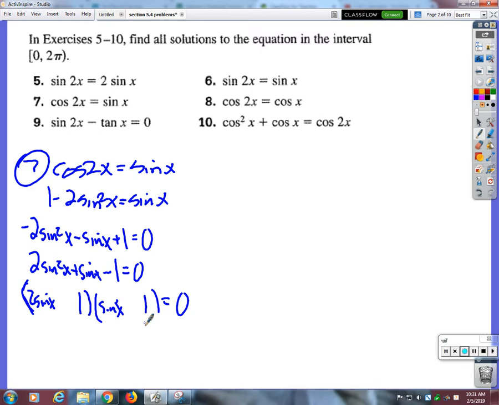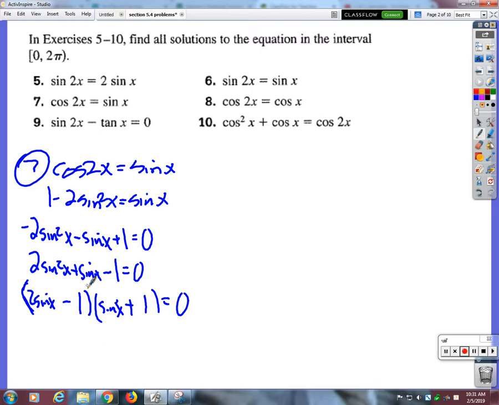So the only thing I have to figure out now is what the signs of the 1's are. Plus, minus, or minus, plus? Minus, plus. And the reason it's minus plus is because if I go 2 sine x times 1, that gives me positive 2 sine x. If I go negative 1 times sine x, that gives me negative sine x, and together those would combine to be sine of x, okay?